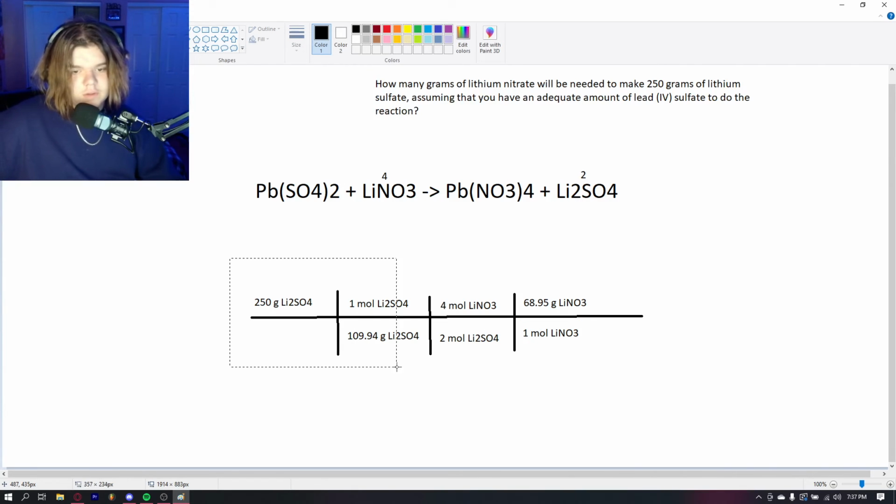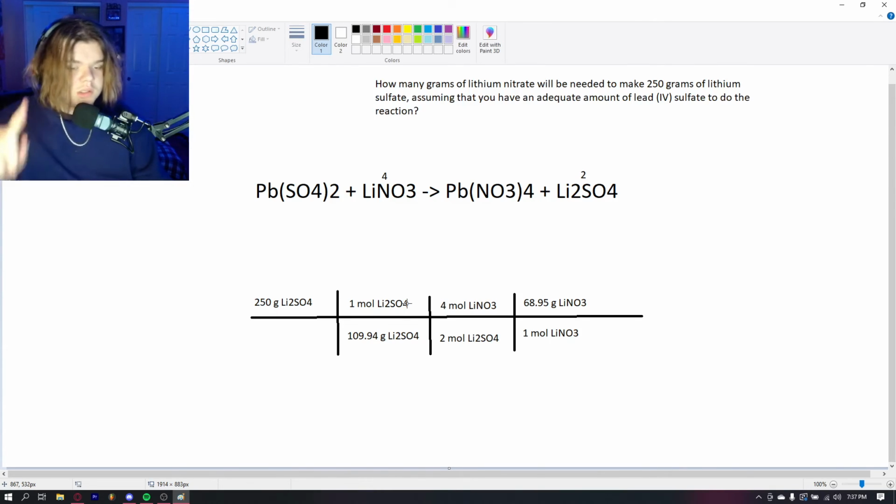If you were just doing the first part of this problem, you would do it like this. You'd get 250 and you'd multiply it by everything on the top row. In this case, the only thing on the top row is 1 mole, so we could just ignore it because 250 times 1 is 250. Then you take the product of everything on the top row multiplied and divide it by everything on the bottom multiplied together.